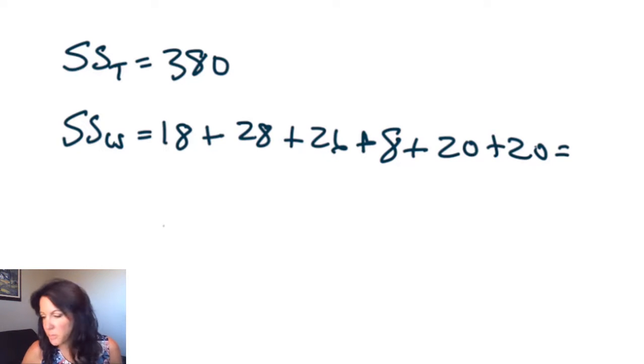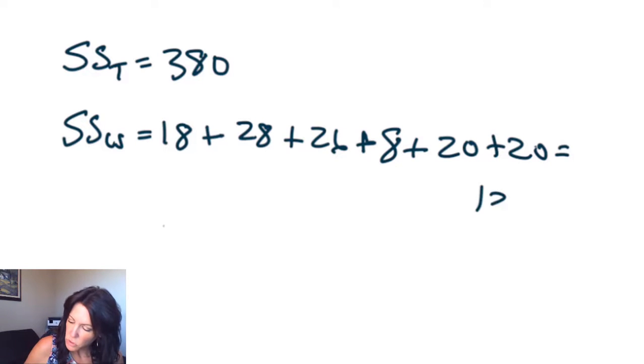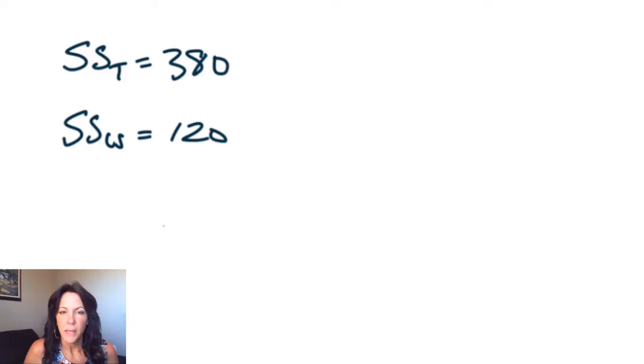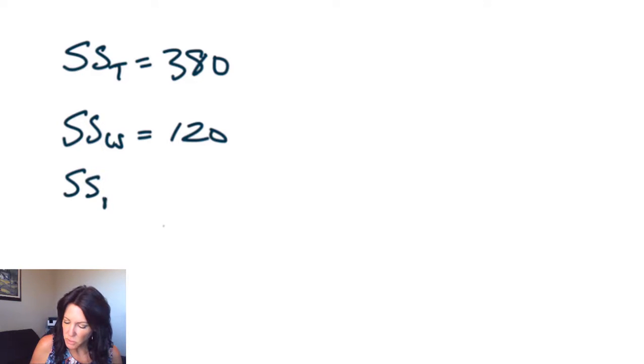So our total sums of squares within adds up to 120. And finally, for our sums of squares between, we figure that out by simply subtracting the sums of squares within from the sums of squares total, because we know that sums of squares within and sums of squares between have to equal sums of squares total. So what is 380 minus 120? That leaves us with sums of squares between of 260.